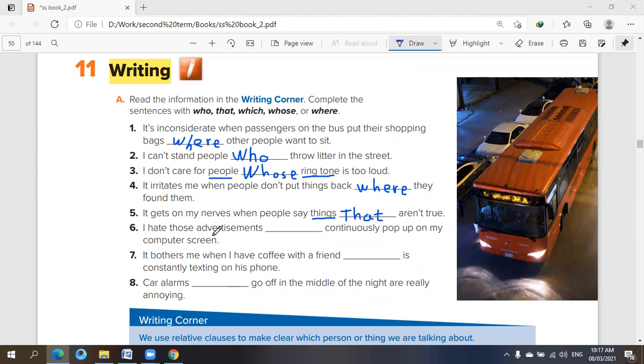Okay, there is confusion between who and whose when we have a noun referring to people. So advertisements, are they people? No. So it's a thing, right? Right. So with things, which or that, both are right.